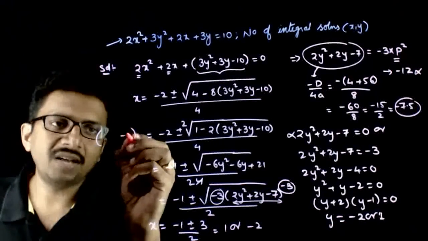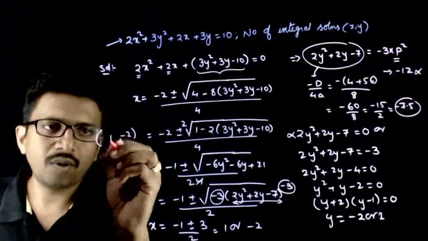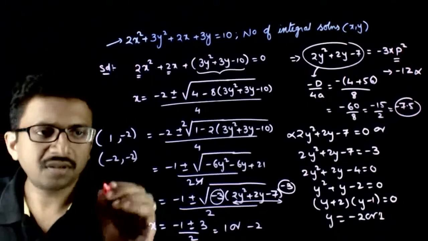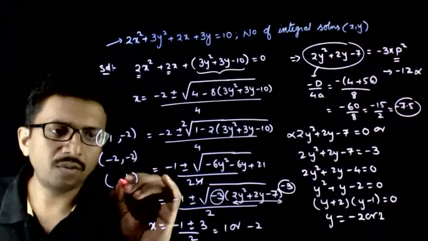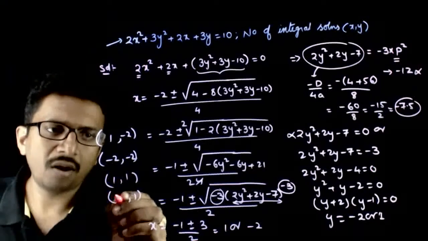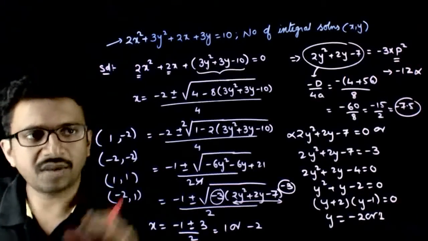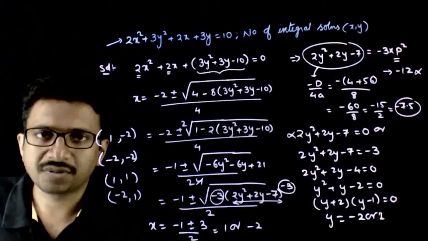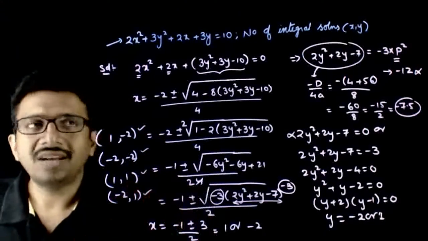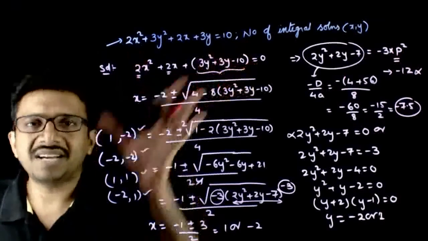When y is −2, x can be 1 or −2, you have two options, and when y is 1, also x is 1 or −2. So you have these four options. So there are four integral pairs x and y which satisfy this equation.